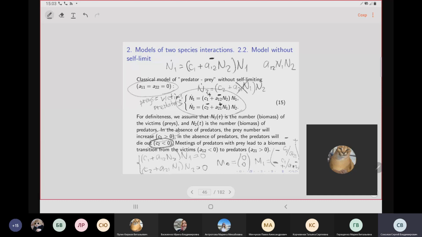What does it mean that there is a positive steady state from a biological point of view? Can you explain it?